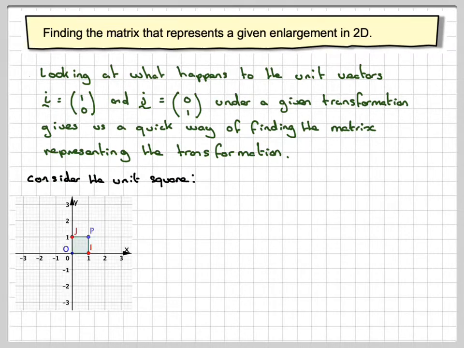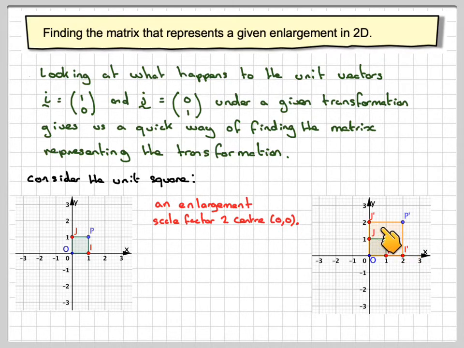So again, if we consider the unit square, here's the unit square, so it's (0, 0), (1, 0), which is i, (1, 1), and (0, 1), which is j. And look what happens to i and j under this transformation. So it's an enlargement, scale factor 2, center (0, 0). So here is the image. i moves to (2, 0), so i maps onto i dash, which is (2, 0).